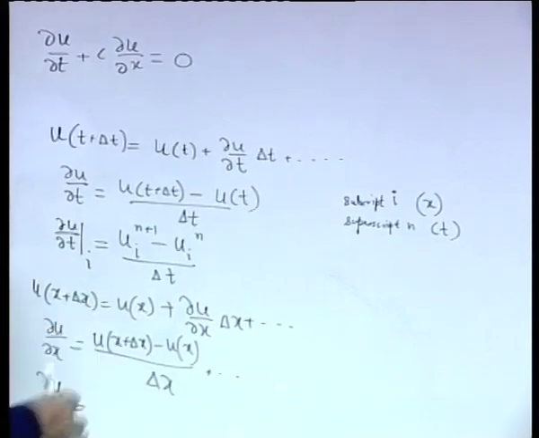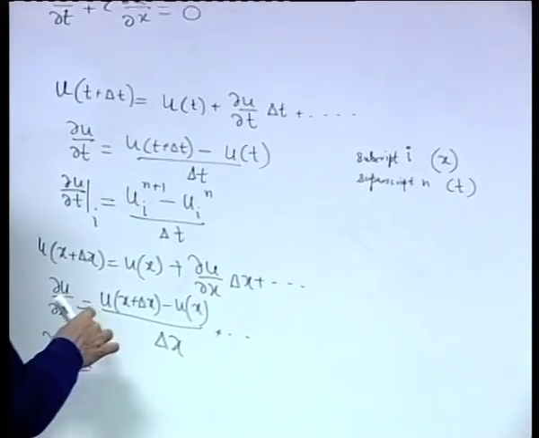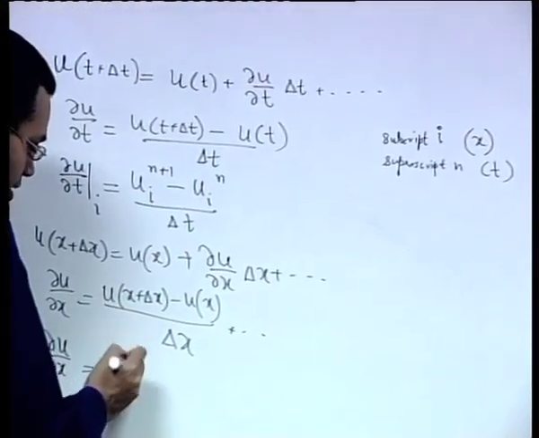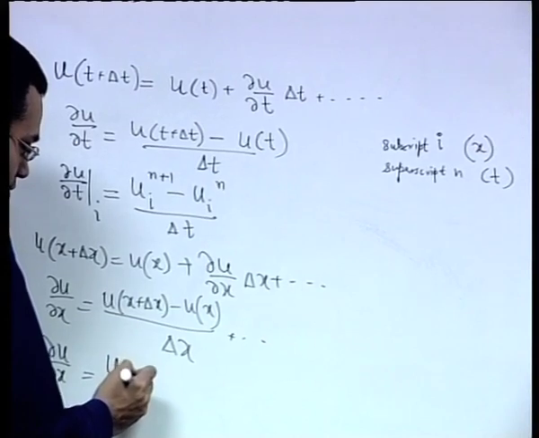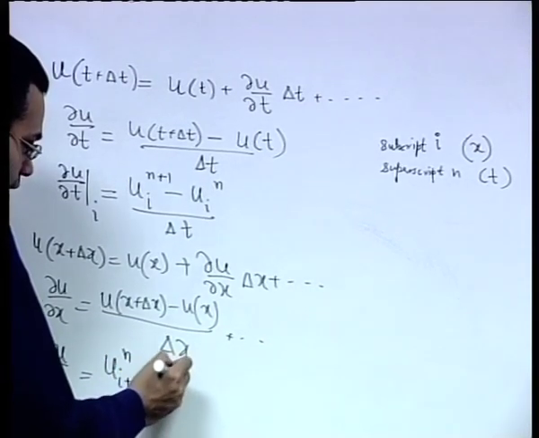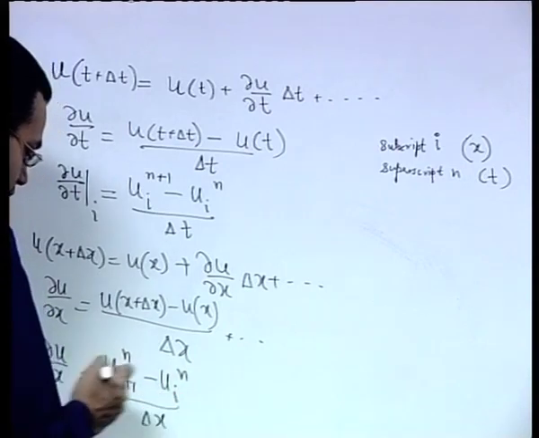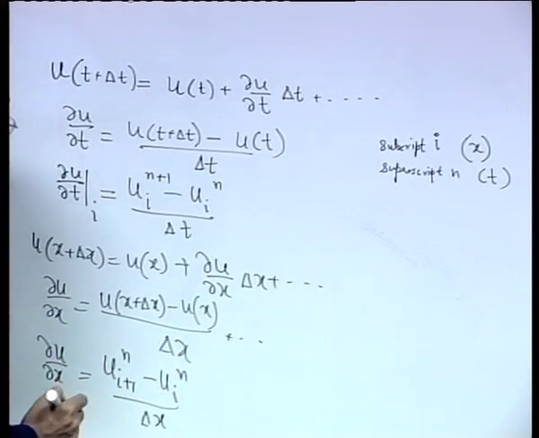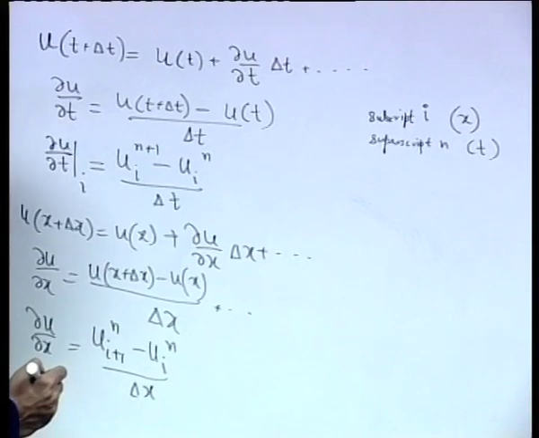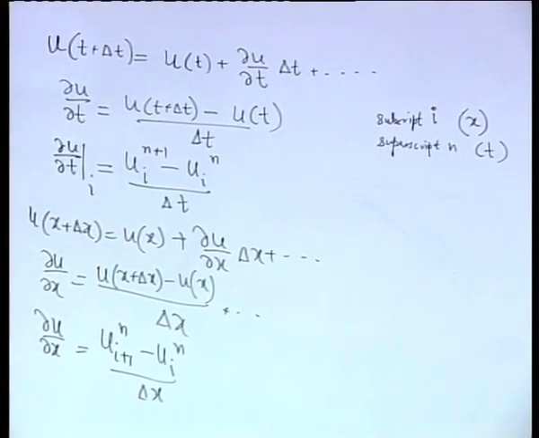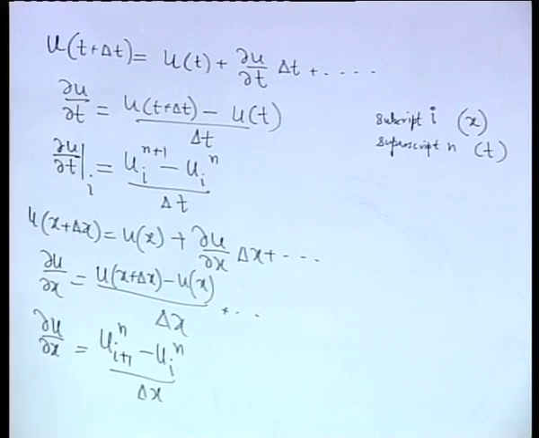In terms of the subscripts and superscripts, u at x plus delta x means i plus 1, so u i plus 1 minus u i divided by delta x. Oh, we want central space, this has become forward space.